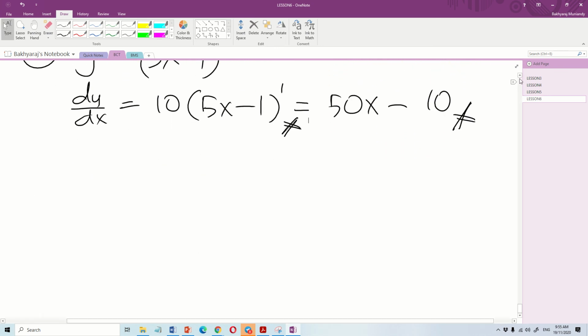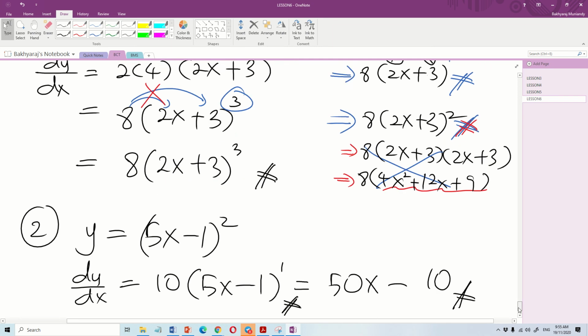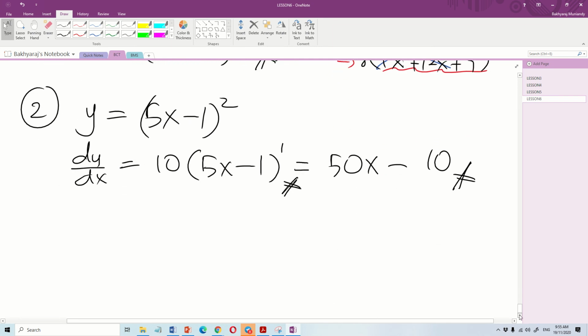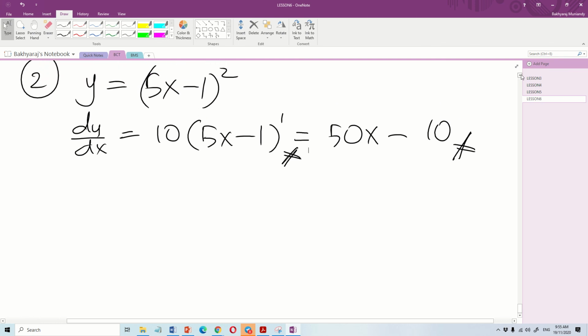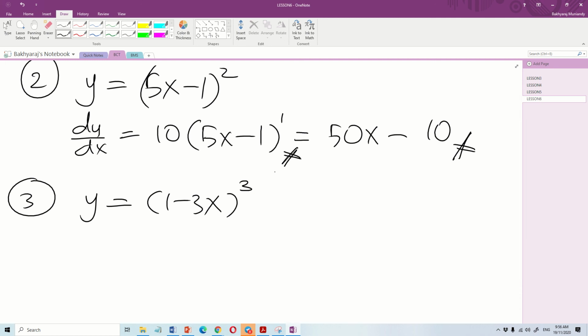Okay, nombor 3. I want y equal (1 minus 3x) power of 3. What is my last answer? dy/dx.